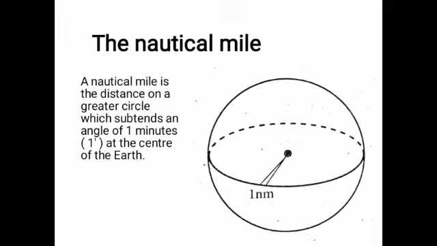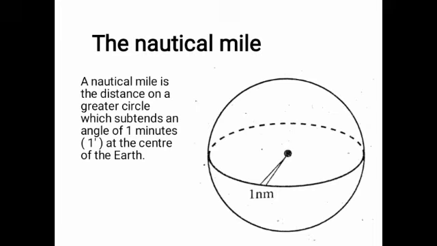Okay, let's try and see about nautical miles. Basically, apart from a mile and a kilometer, navigators, pilots, and captains in ships also use a measurement known as the nautical mile as a unit for measuring distance on the Earth's surface. Another commonly used name for nautical mile is sea mile.